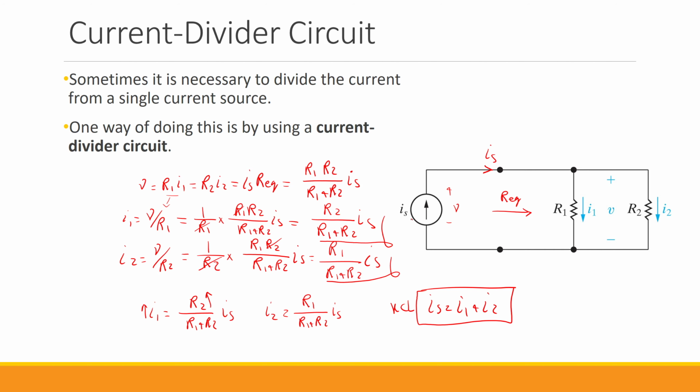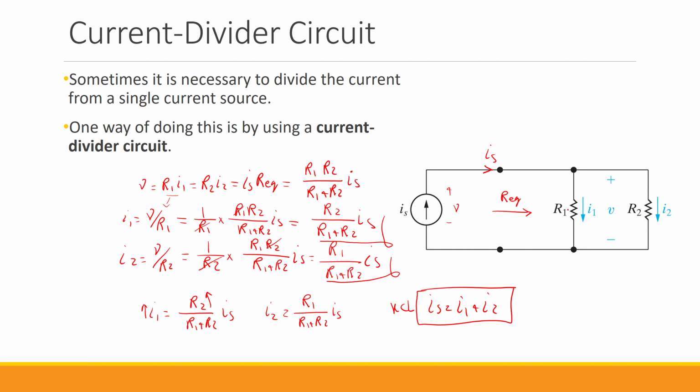Since this is an independent current source, it always maintains the value for Is. So what happens is that when you have R2 smaller than R1, based on these two equations, that means in this path there is less resistance to the current, which makes it have more current than the other one.